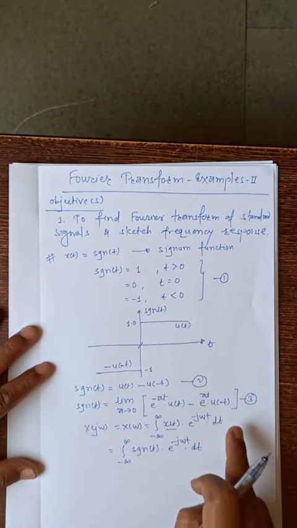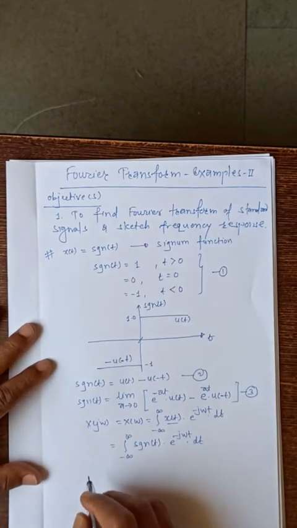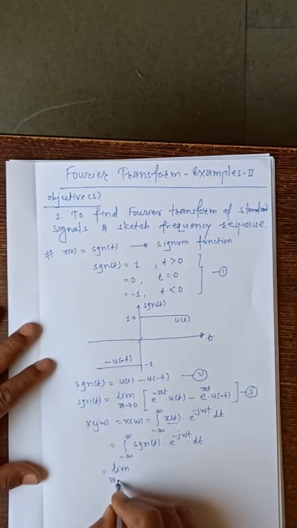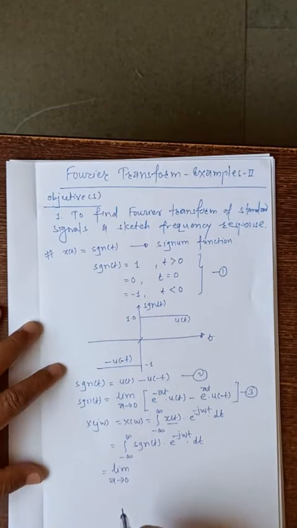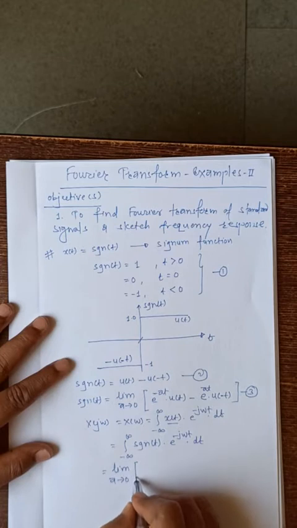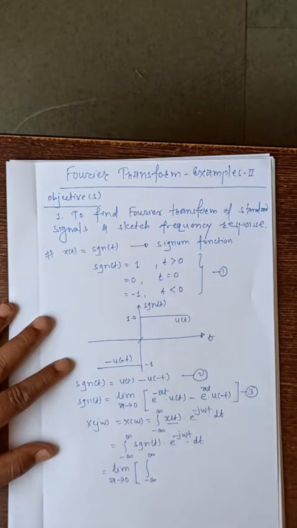Then we'll use equation 2 in place of sgn(t). So put the values. This is equal to the limit, taking the limit outside, a tends to 0, of the integration from minus infinity to plus infinity.